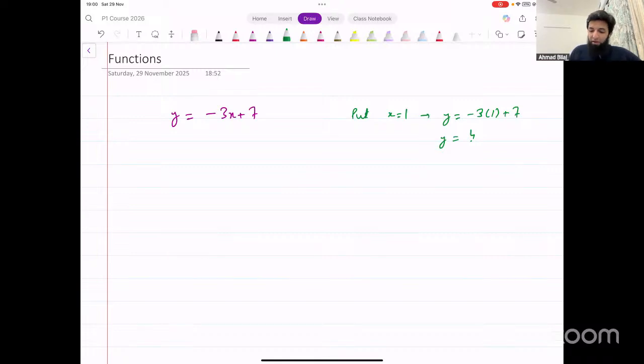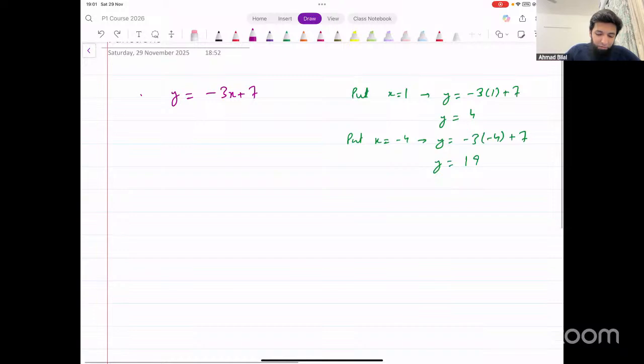If I have another value of x, for example, x equal to negative 4, that gives me y equal to minus 3 into minus 4 plus 7, and that gives me 12 plus 7, which is 19. So that gives me another value for y. Similarly, if I input different values of x in this function, I'll get different values of y.